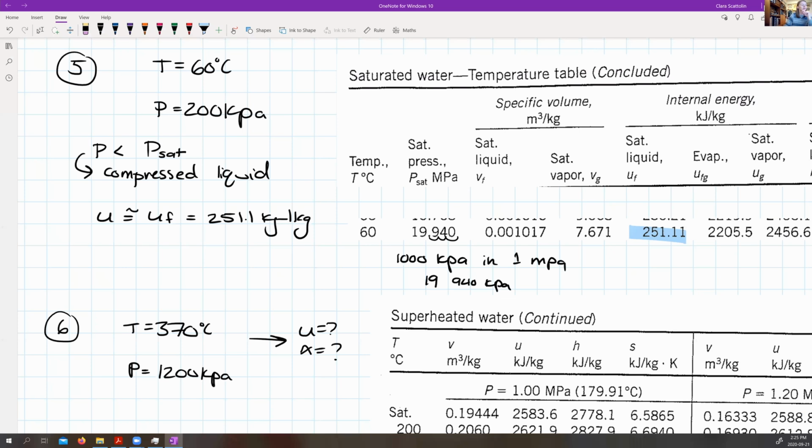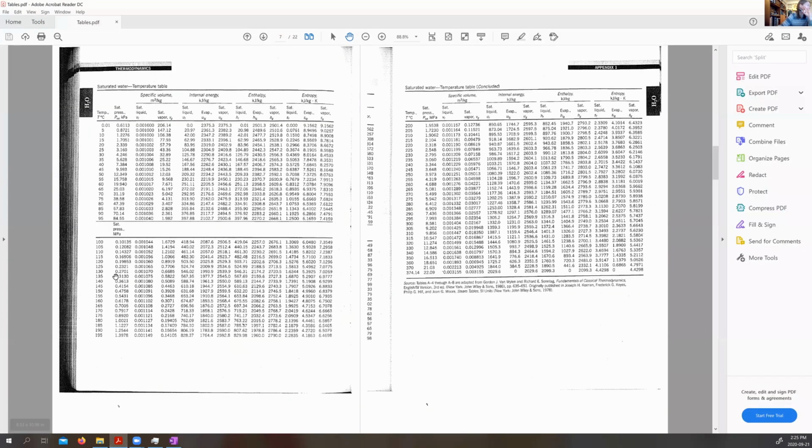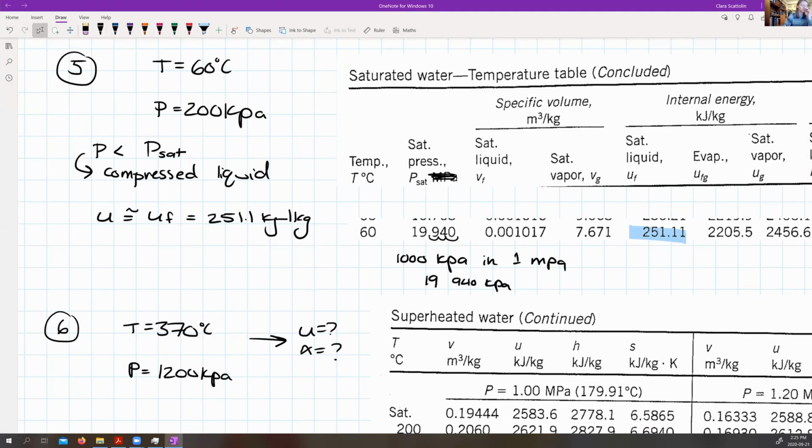So this unit is not an MPa. This is kPa. I'm sorry, I'm cropping the headers incorrectly, which is leading to confusion. That's my mistake. If I crop it correctly here, you'll see that the pressure is 60 kPa. 60 degrees C is in kPa. There we go. I knew something felt funky.